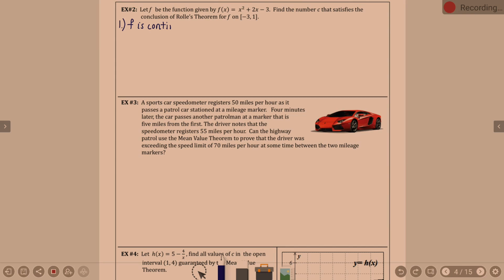And I'm going to say f is continuous and differentiable on -3 to 1, since polynomials are continuous.